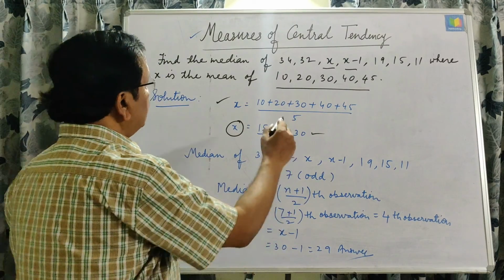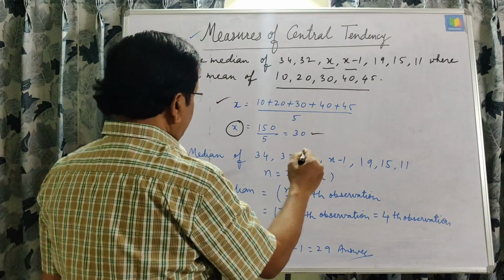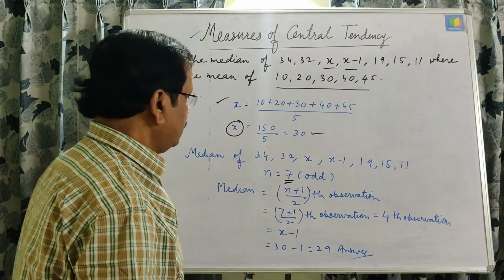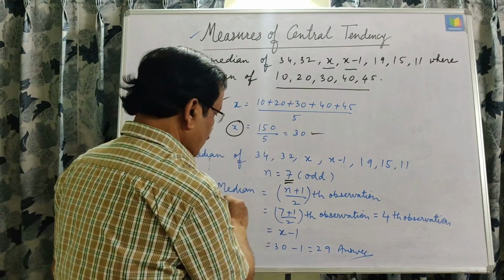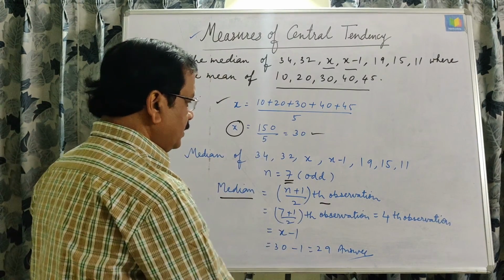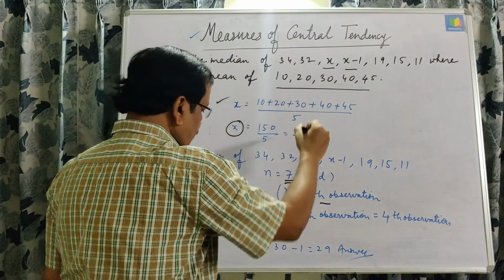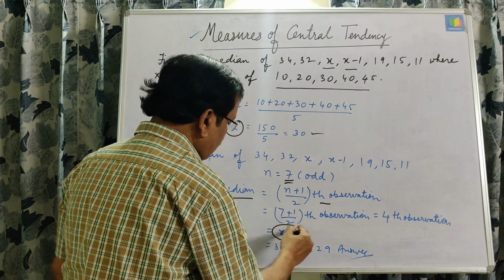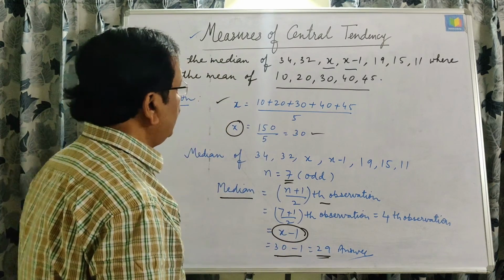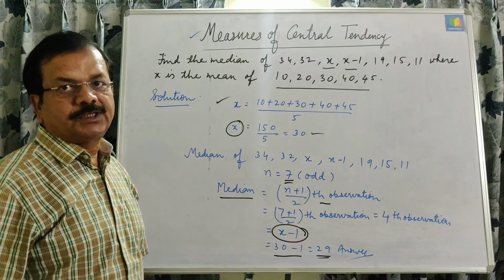Now here for the median we'll write the numbers in order, and n is equal to 7, which is odd, and then the median will be the n plus 1 upon 2th observation, that is the 4th observation. Once we start counting from the left, we get x minus 1, and then putting the value of x we are getting 29, which is the answer. Now next question.